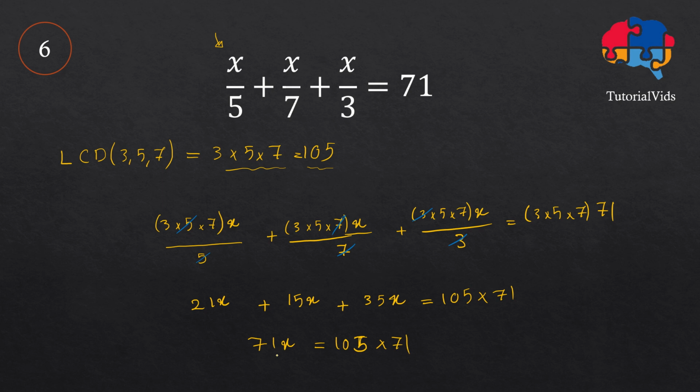I want to isolate x, so I divide each side by 71. And you see that this 71 cancels this, and this 71 cancels this, and what is left is x equals 105, and this is the final answer.